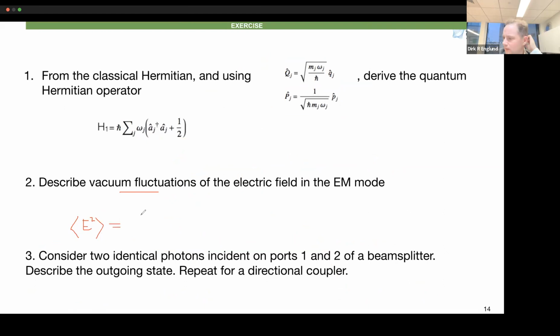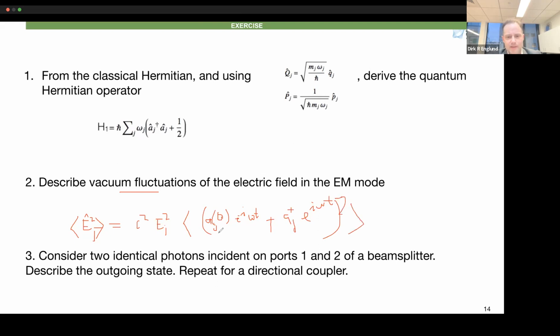So this here is equal to C squared, E sub j squared, and then we're looking at the expectation of a sub j times e to the minus i omega t, plus a sub j dagger e to the i omega t, squared.